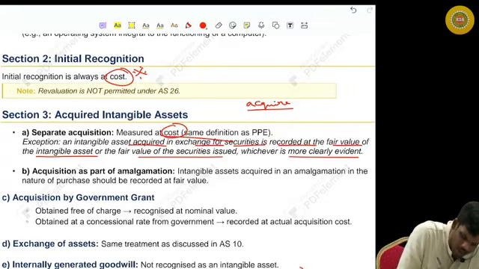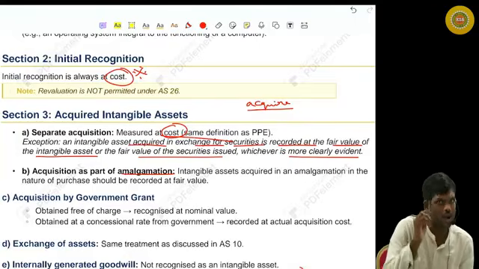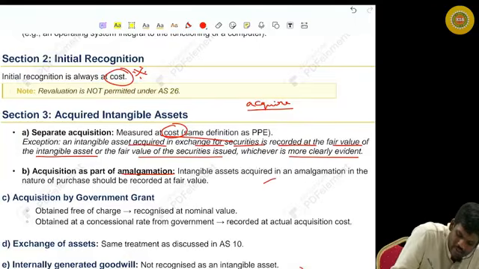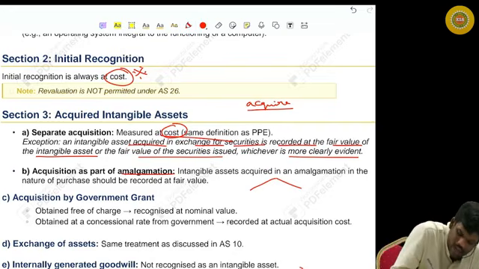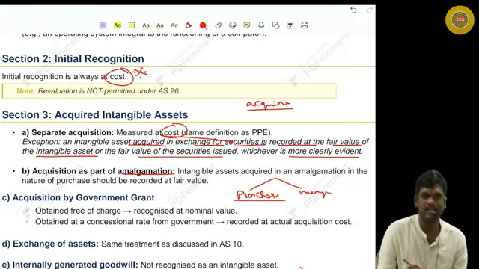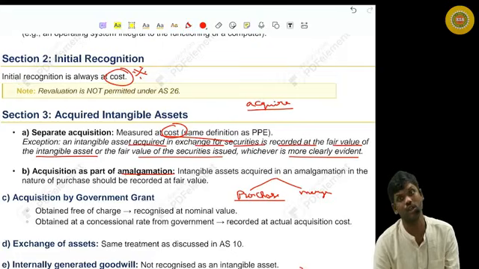Sir, what if I acquire as a part of amalgamation? In that case, first thing, you all would have already learned AS14. In that we have two types of amalgamations: amalgamation in the nature of purchase and amalgamation in the nature of merger. So first thing, you have to identify whether your amalgamation is in the nature of purchase or in the nature of merger.